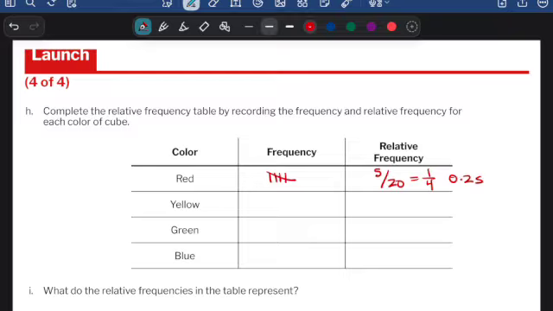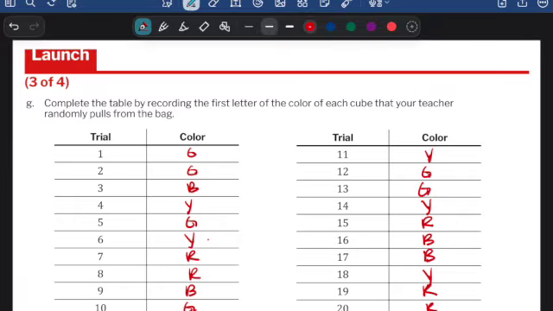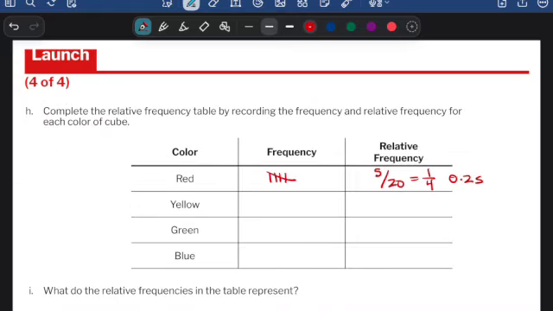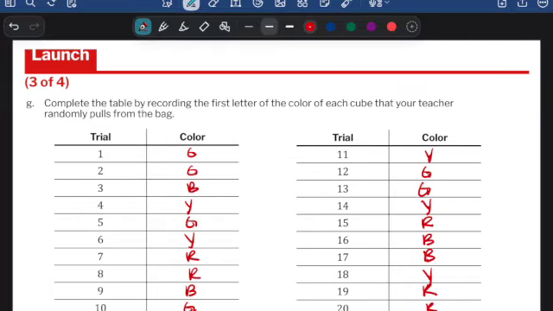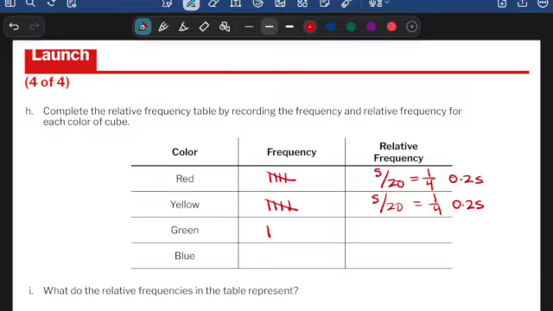Okay, let's tally our yellow cubes. 1, 2, 3, 4, 5. Again, 5 yellow outcomes out of a possible 20. Our relative frequency is 0.25. Okay, let's tally the green. 1, 2, 3, 4, 5, 6. Okay, 6 green out of a possible 20.